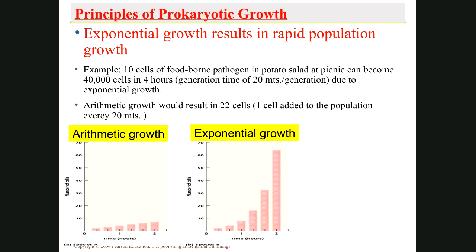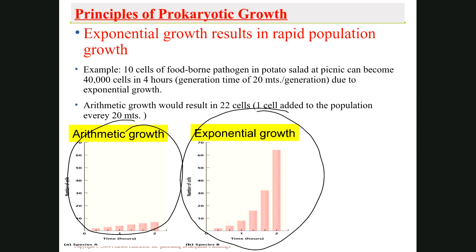So this is just to illustrate exponential growth, which is what bacteria experience, bacterial population, versus arithmetic growth. Arithmetic growth proceeds 1, 2, 3, 4, 5, 6, 7, 8. Exponential growth doubles every set length of time.